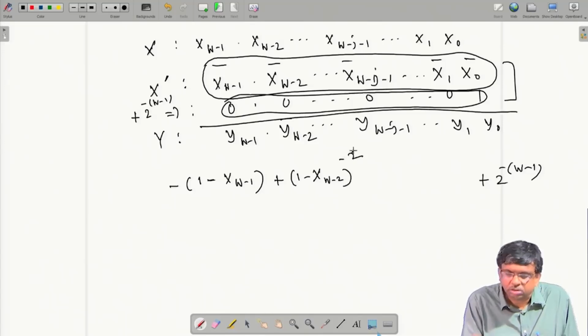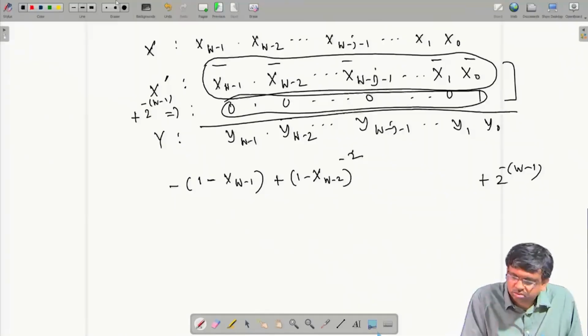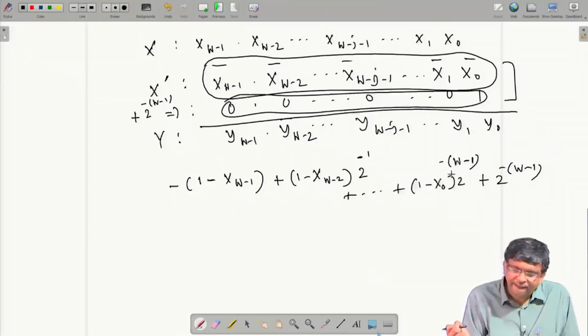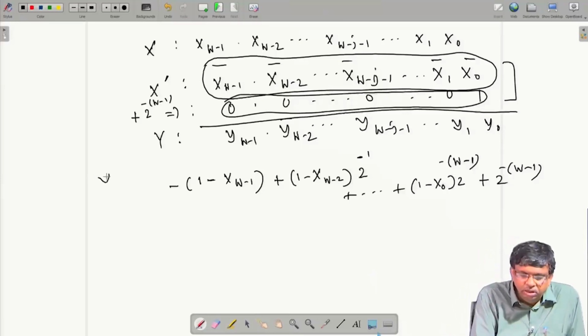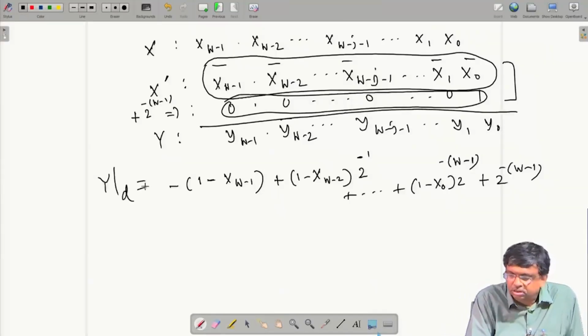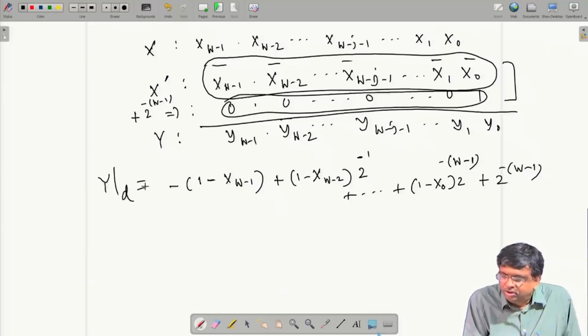Sorry, it is 1. All right. This is the total value. This is y decimal. Now, let us try to find out what this is. You take out the minus 1 and then plus 1 into 2 inverse plus 1 into 2 to the power, this under one bracket.